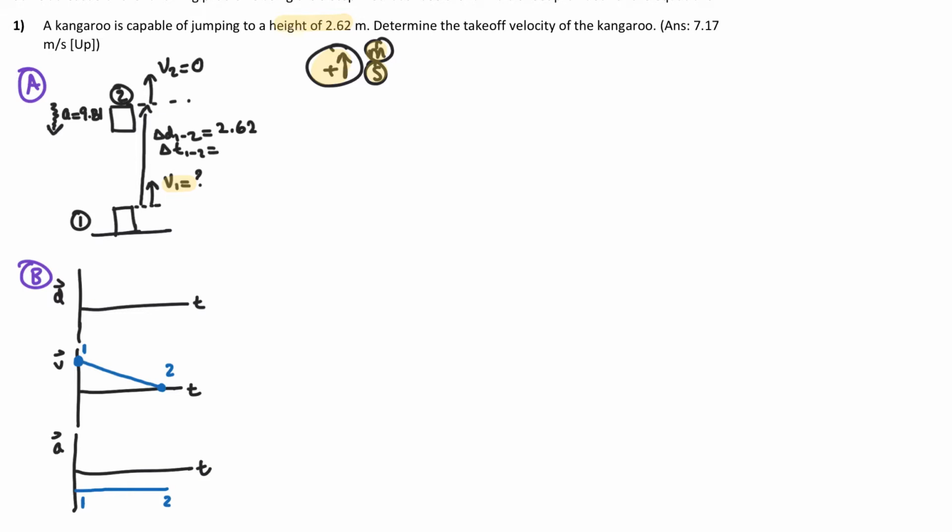And then we need the position-time graph here. So we're going to assume that the reference point is right here. Starting at position 1, the velocity is a high value, and we will get a slope in this direction.